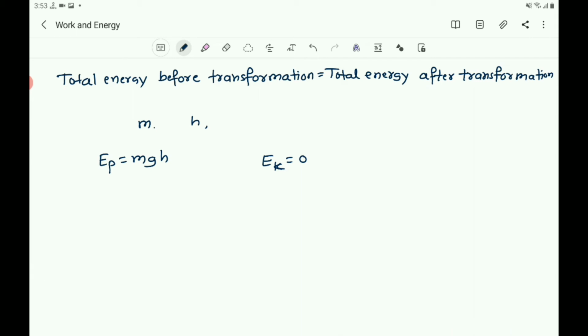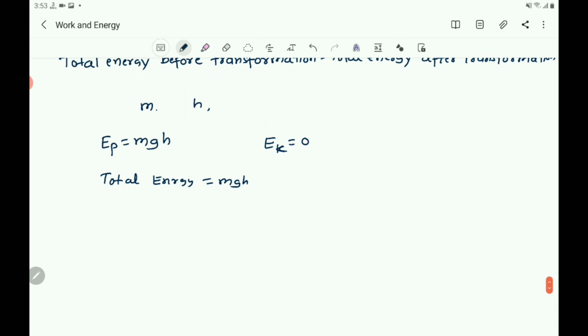Because its velocity is 0, the total energy of the object is mgh only when it is at a height h. The total energy of the object is equal to mgh plus 0, that is equal to mgh. As it falls, its potential energy converts into kinetic energy.